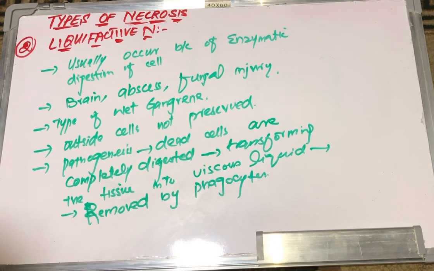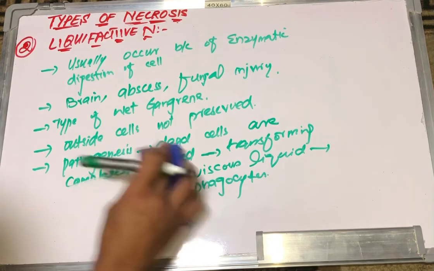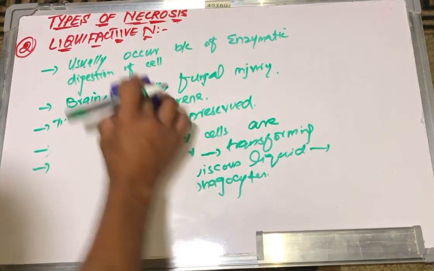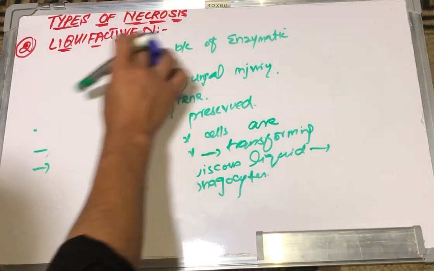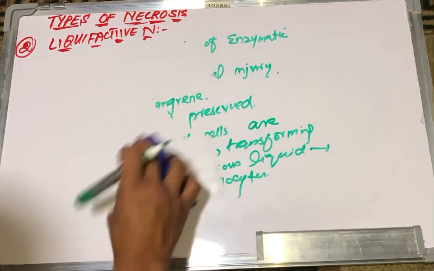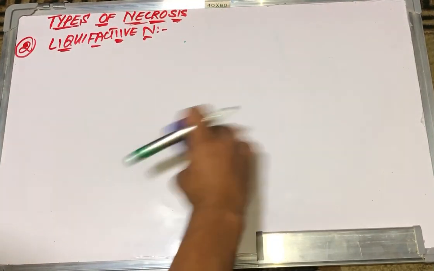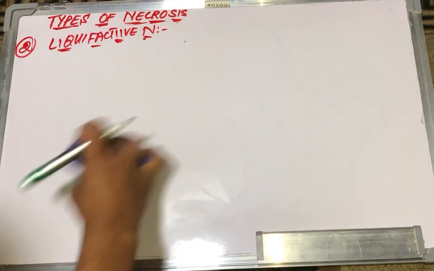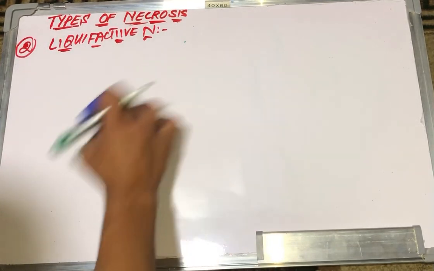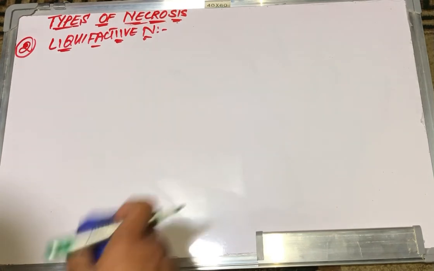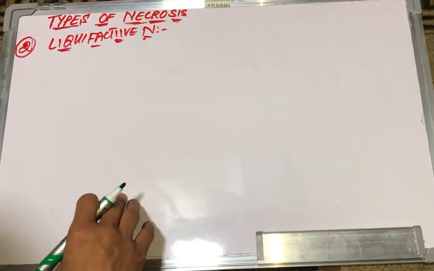So this was all about liquefactive necrosis: where it occurs, how it occurs, and how the dead cells are removed from the liquefactive necrosis site. Next we will discuss in the next part.